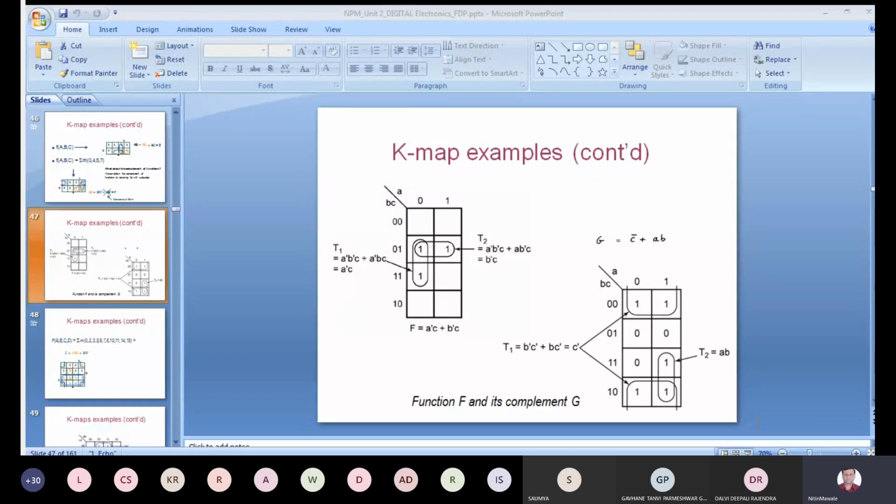So therefore, final answer is function of PQRS, that is equal to, the first term is Q bar plus S bar into another bracket P bar plus S bar, another bracket R bar plus S bar into P plus Q bar plus R bar, and lastly into P plus Q plus R plus S.